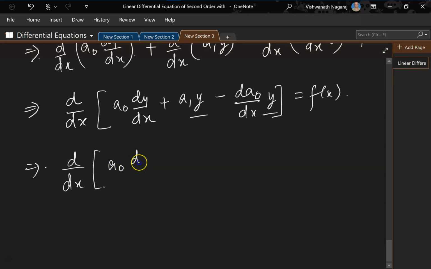A naught dy by dx, we can take it out common, plus a1 minus dA naught by dx y, right? Now f of x also we need to take inside, not only to the left hand side, but also into this differentiation.